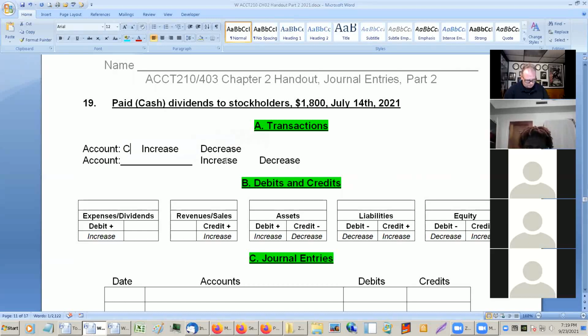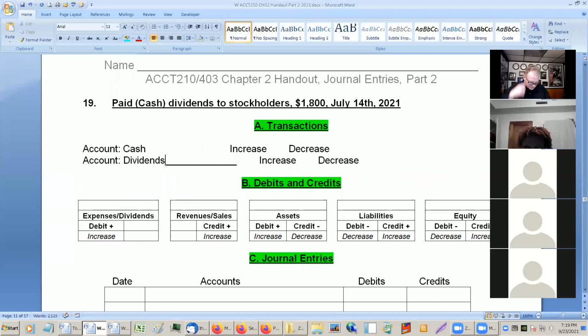So cash and common stock, right? Actually, we're just going to put it in dividends. Now, I don't know if I told you this or not. I probably did. Dividends are kind of a wacky account, and it's shown differently in different textbooks.